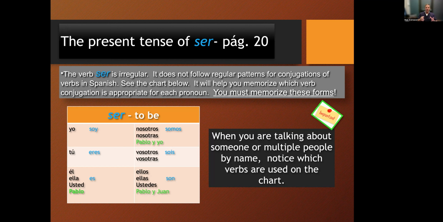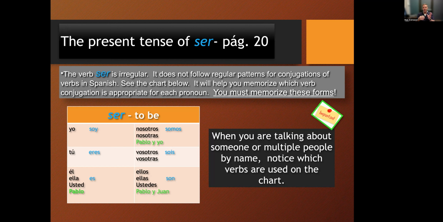So yo soy, tú eres, él es, ella es, usted es, Pablo es, María es, mi perro es, whatever there's something in the third person singular, that's the form of the verb es, the verb ser, that's es. Nosotros somos, nosotras somos, Pablo y yo somos, mi familia somos, anything that's going to include you, that's going to be a we, that's how you conjugate the verb. Vosotros, vosotras, vosotros sois, vosotras sois.